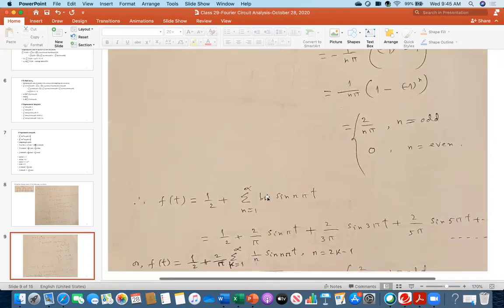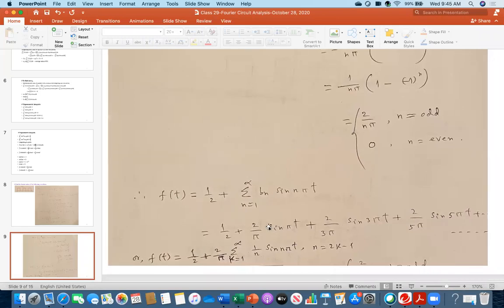That I am putting here. My limit is n from 1 to infinity, but I'll be taking n odd only. And then if I do that, what is the bn value? 2 over pi sine n pi t, and then plus 2 over 3 pi, n became 3, so sine 3 pi t, plus when n is 5, when n is 7, it will go in that way. And then from there, you can express it again in a similar format instead of writing many terms.